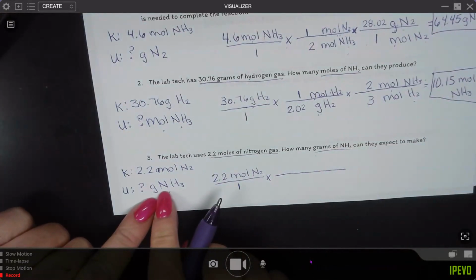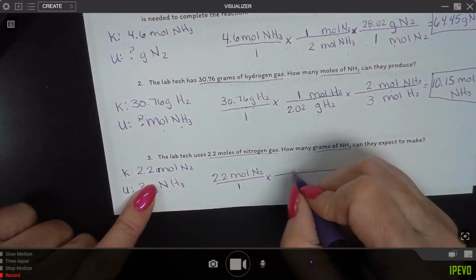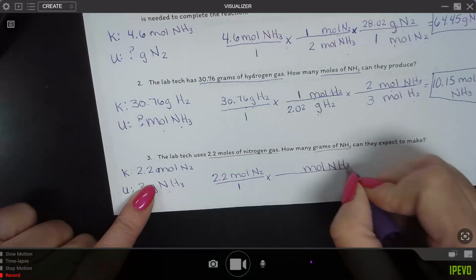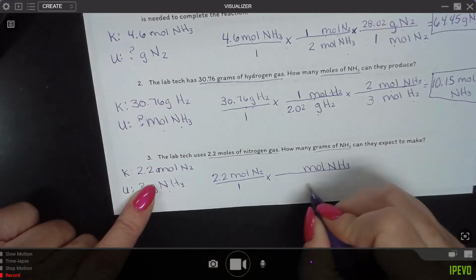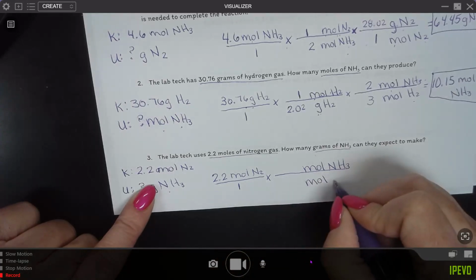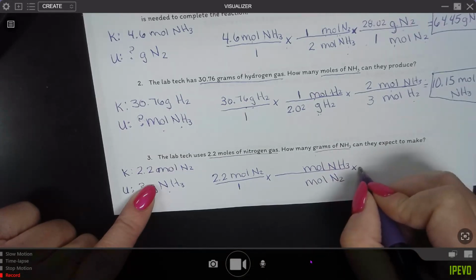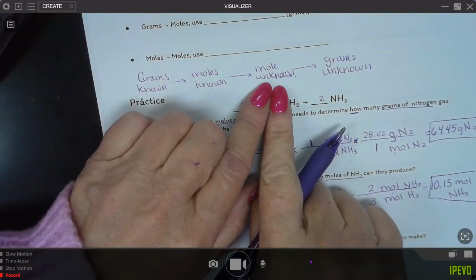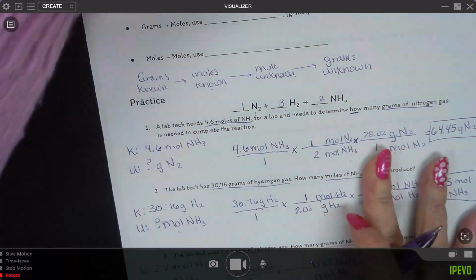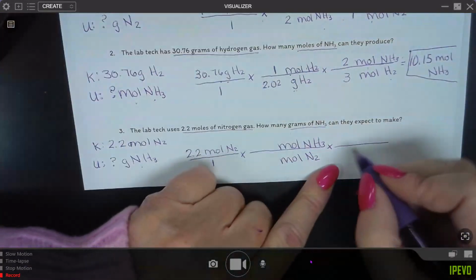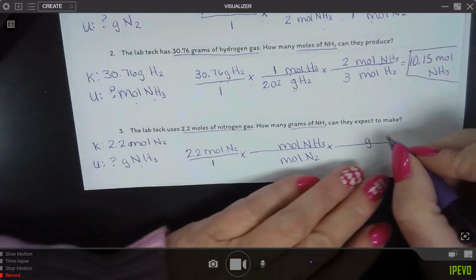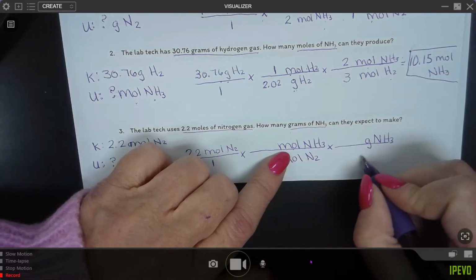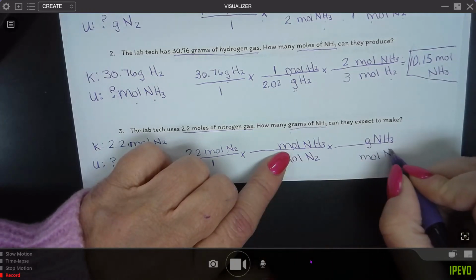So I want moles of unknown on the top. I'm going to bring moles of N2 down in diagonal. And then I have one more step, right? And what I'm going to do is go from moles of unknown to grams of unknown. So my last unit here is going to be grams of unknown, which is NH3. Units down in diagonal, so moles of NH3 go here.